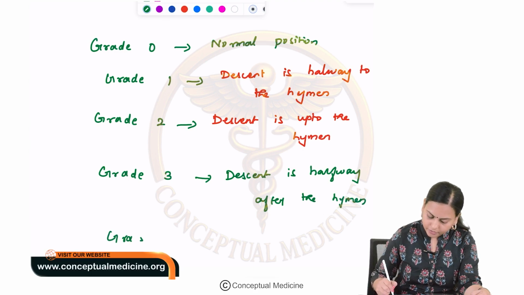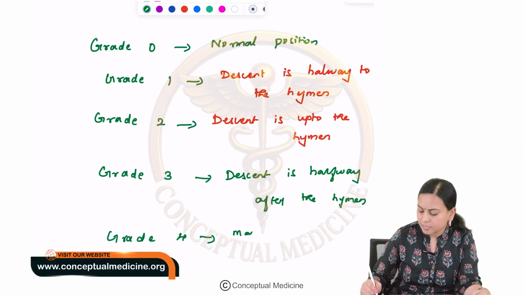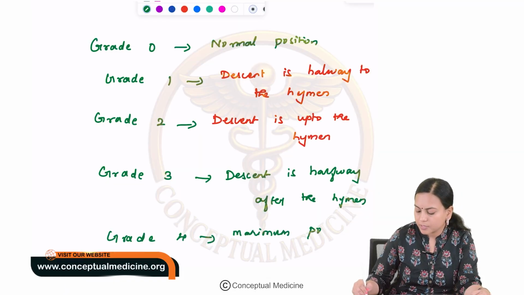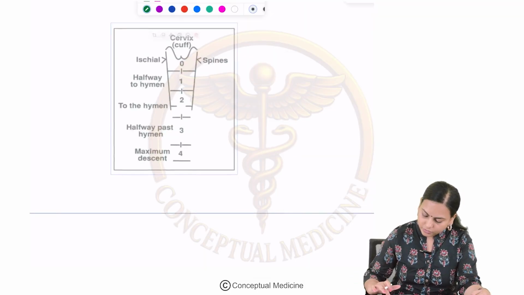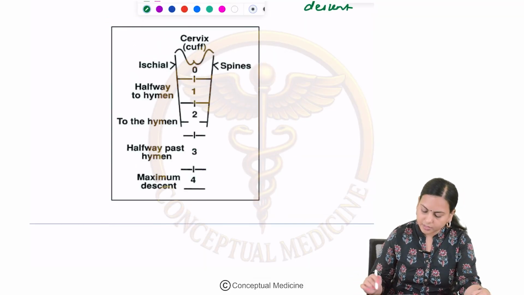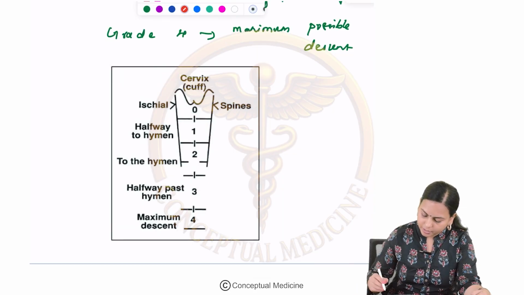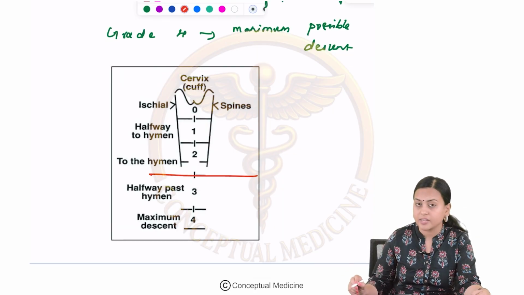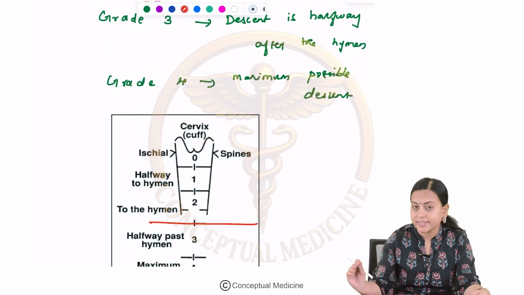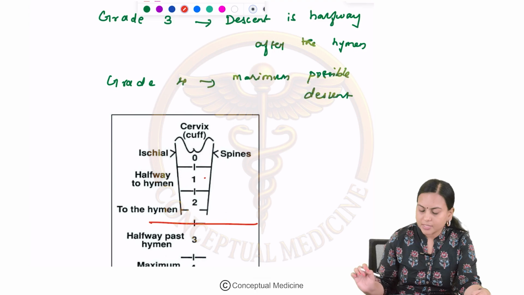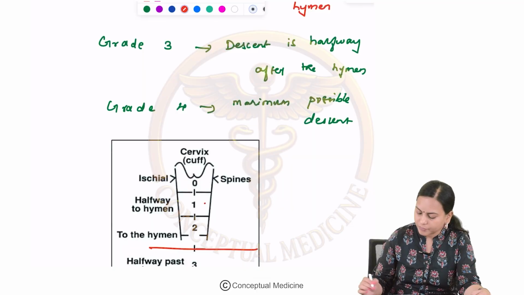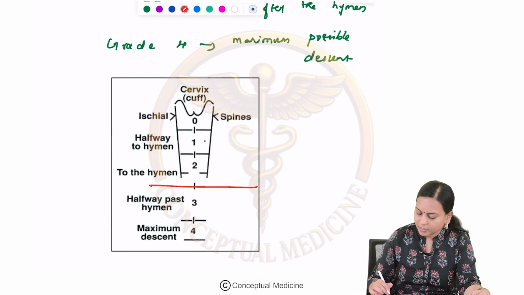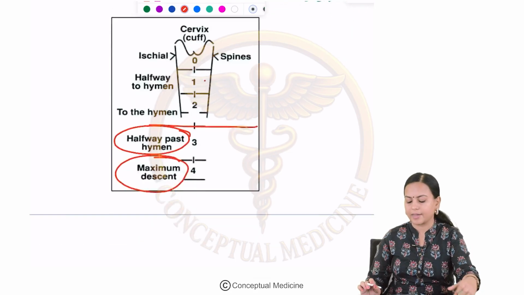And finally, grade 4, where there is maximum possible descent. Okay, let me show you a picture for better understanding. So this is how it happens. So the cervical cuff is there and we are taking the hymen as the reference point. First one, it is in the normal. Grade 0 means it is in the normal position. Grade 1 means it is halfway to the hymen. Grade 2 means the descent is up to the hymen. This is grade 2. And after that, halfway past the hymen and when you have a maximum descent.